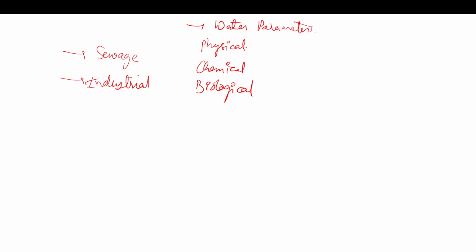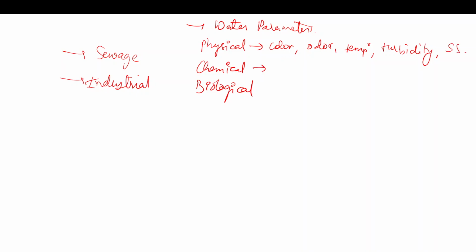Now, physical parameters can be color, odor, temperature, turbidity. In between, I would like to ask you a few questions out of each of these, so that you can recall all the topics. Then suspended solids.